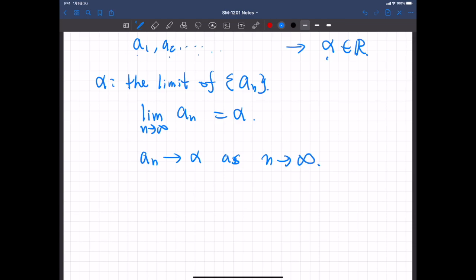And we say this sequence an converges to alpha.